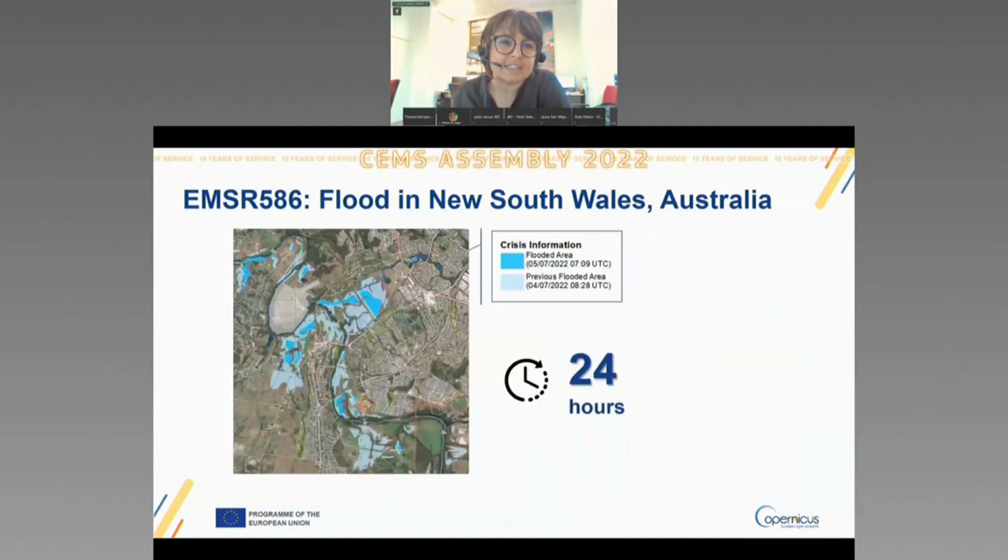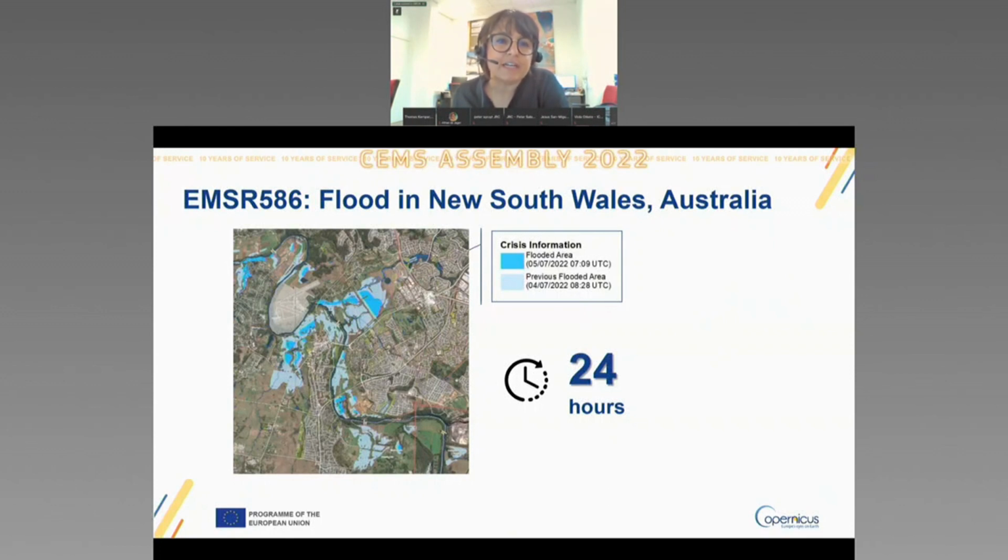This is another example of the possibility to update the status and extent of the flood over a specific area. It's clearly visible in this product, the evolution of the flood extent after, in this case, 24 hours.